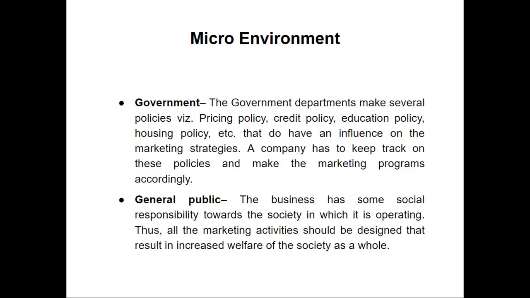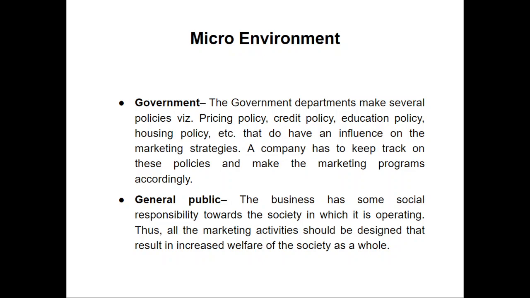All these policies have an influence on the marketing strategies. If these policies are adhered to, running a business becomes easy. If a slight deviation from these policies is made, the company has to pay a lot of cost and price for the deviation.